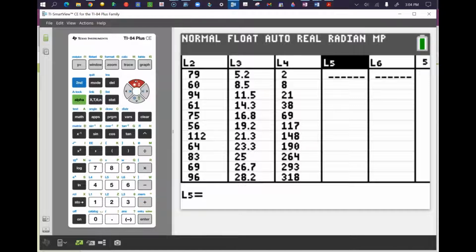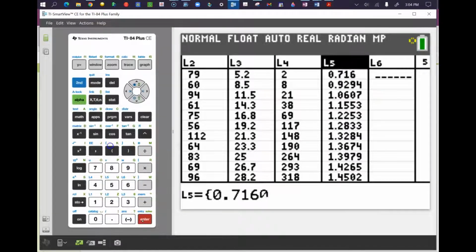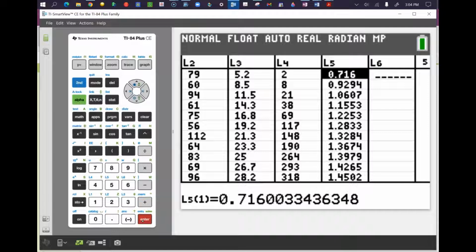Just for convenience's sake, I am going to take the common log or log base 10. So log of what's in list 3 and hit enter, and then we're going to plot that versus what's in list 4. So experiment with that, see what works, and then unpause the video and we will continue.